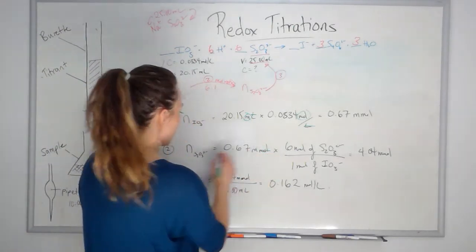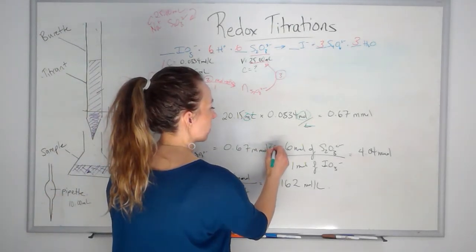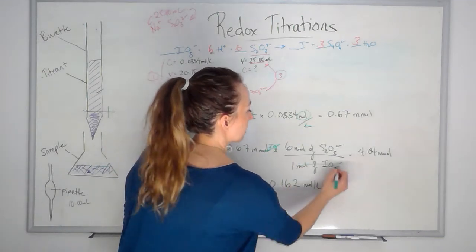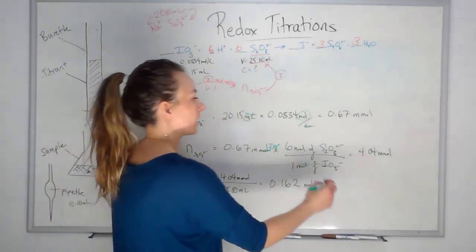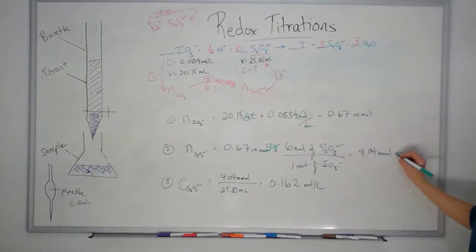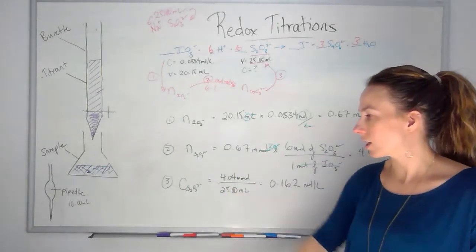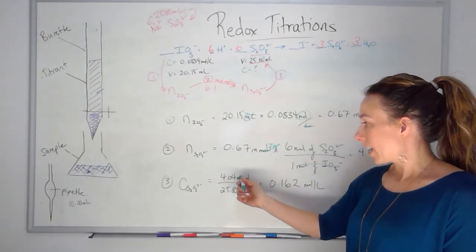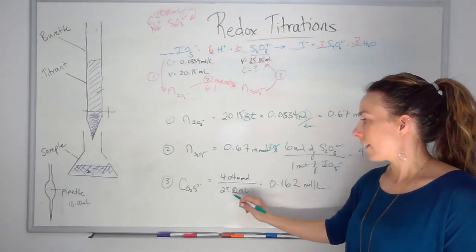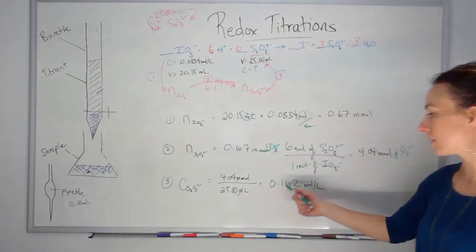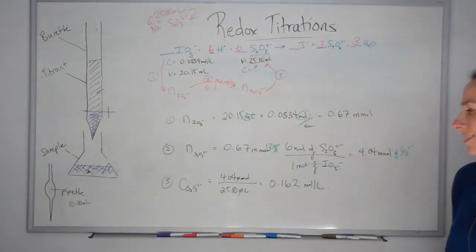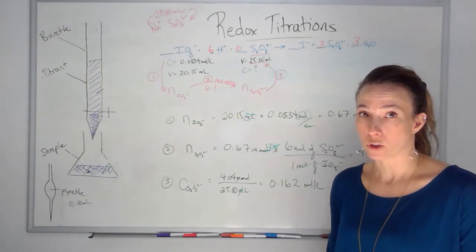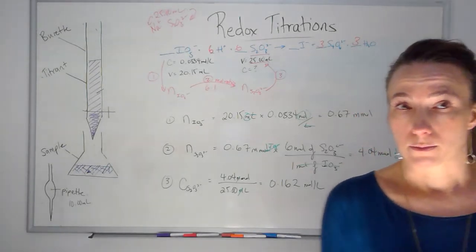My moles of IO3 minus cancel out, and I just change the subject into 4.04 millimoles of S2O3 2 minus. Now I can solve for the concentration of my S2O3 2 minus by taking those 4.04 millimoles and dividing that by 25 milliliters. The millis cancel out and I'm left with 0.6162 moles per liter. So that's the stoichiometry behind it.